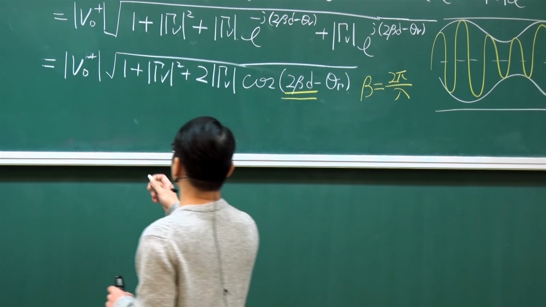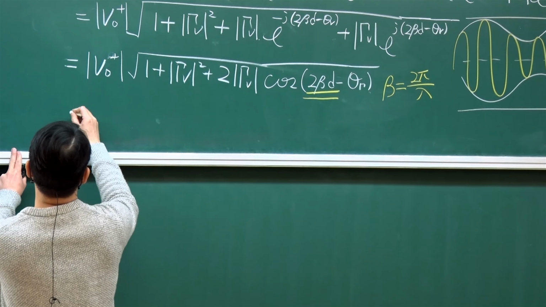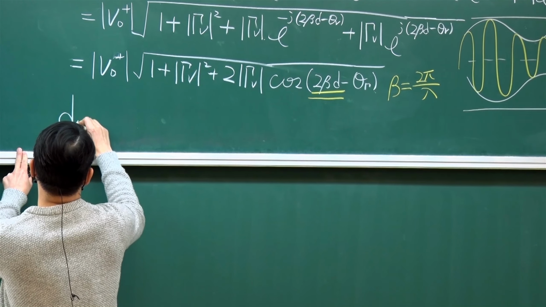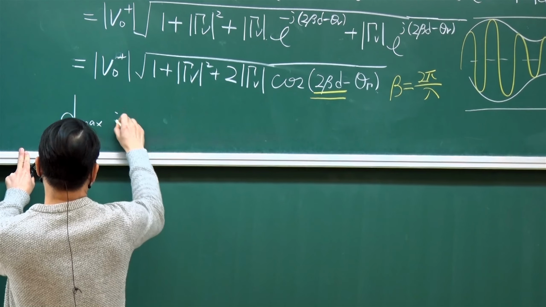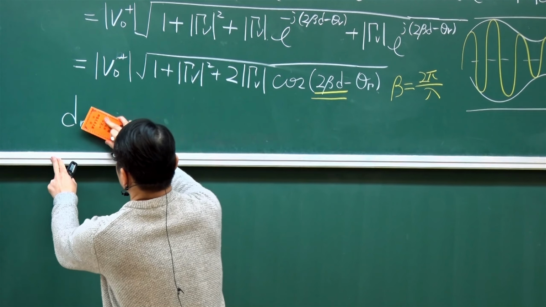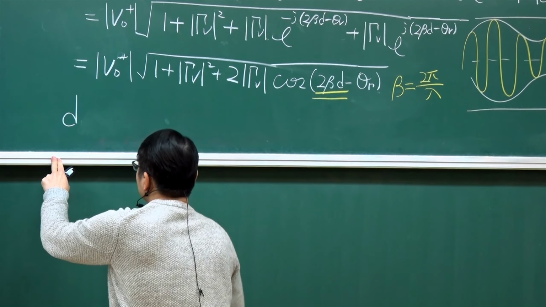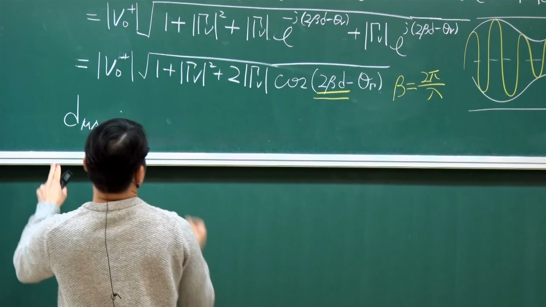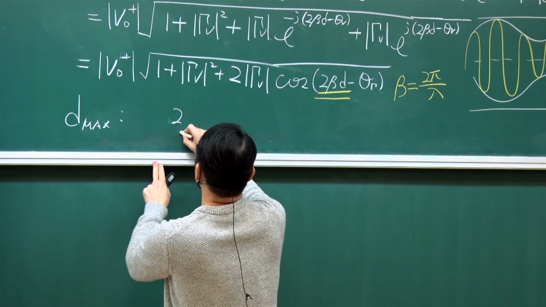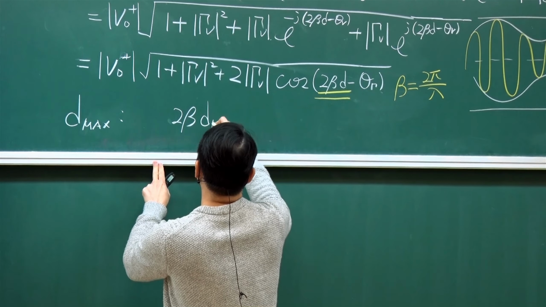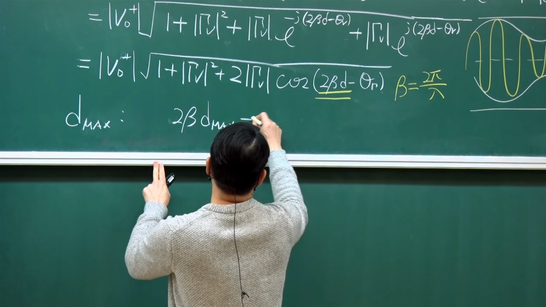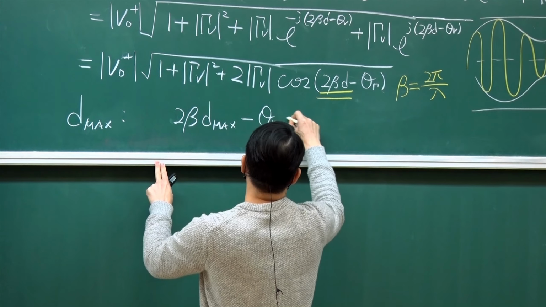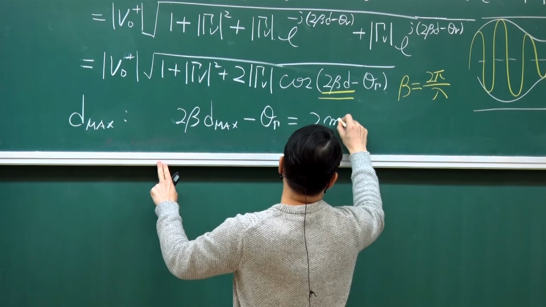So all we have to write down is d maximum. Let me use a capitalized letter. We are trying to find d maximum. So 2 beta d maximum minus beta gamma should be 2 n pi.